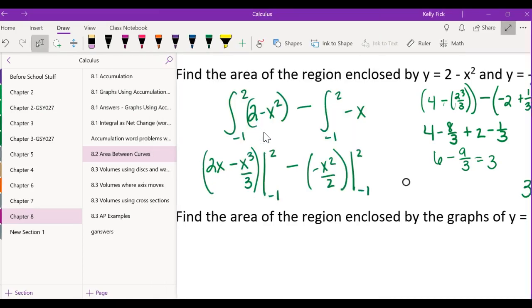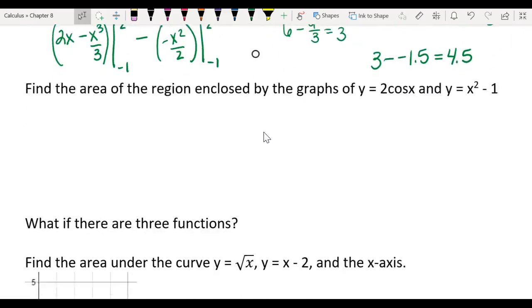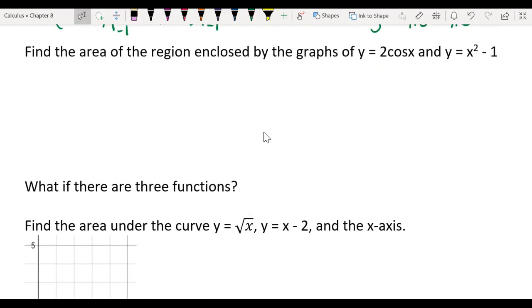All right, what's our next one? Find the area of the region enclosed by the graphs of y equals 2 cosine of x and y equals x squared minus 1. So we'd have to graph this first, right, and find those intersection spots.